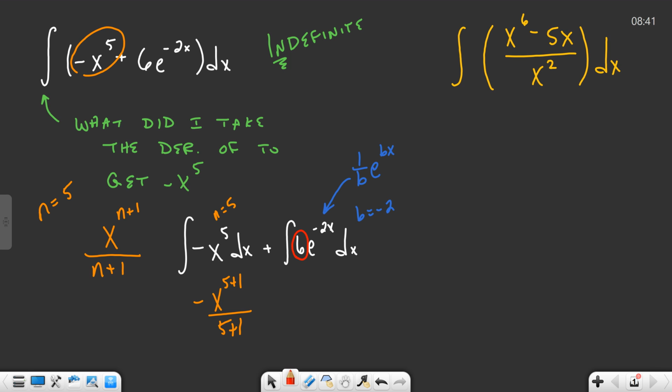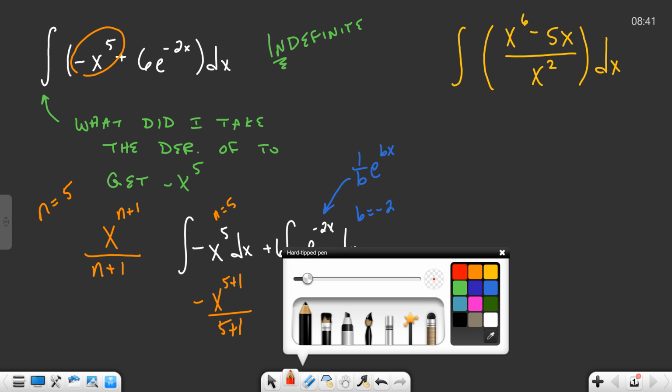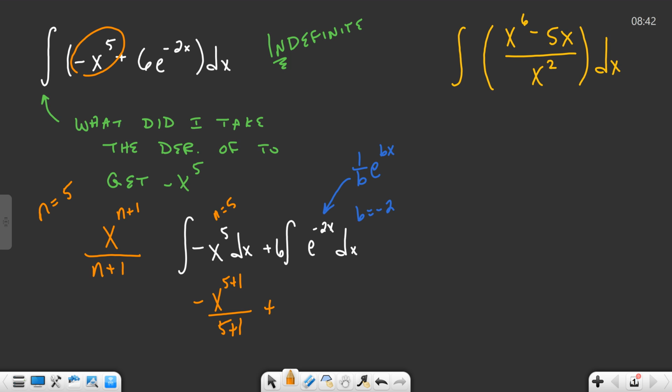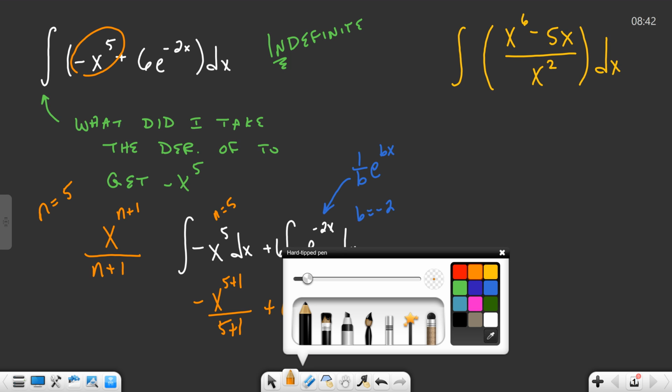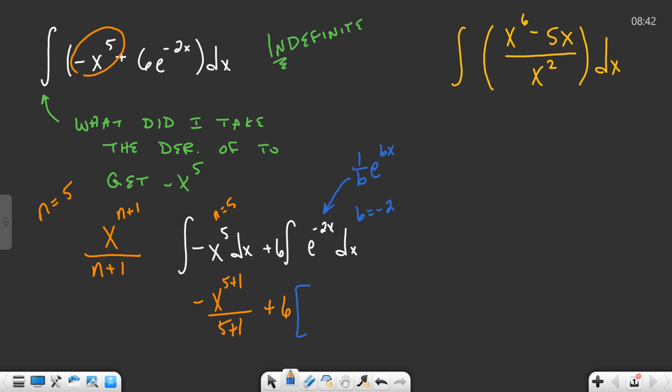Well, 6 is a constant, and one of the properties of the antiderivative is that we can take that 6 and simply move it to the outside. So I'm going to have plus 6 times the antiderivative of what's right here: 1 over b, 1 over negative 2, e to the negative 2x.